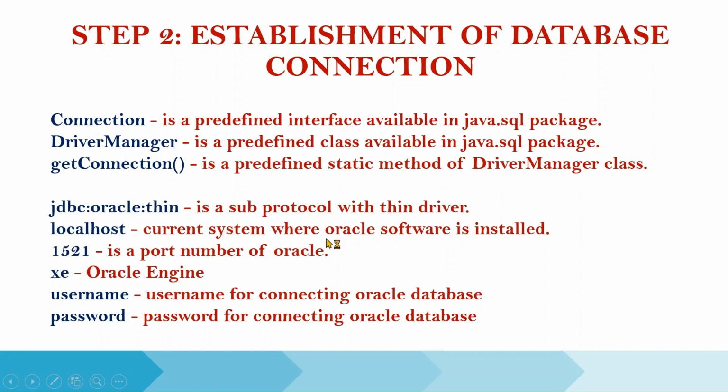Localhost is the current system where the Oracle software is installed. 1521 is the port number for Oracle. XE stands for the Oracle engine. Username is the username for connecting to the Oracle database, and password for connecting to the Oracle database. So here I have clearly mentioned each and every description so that you can understand.